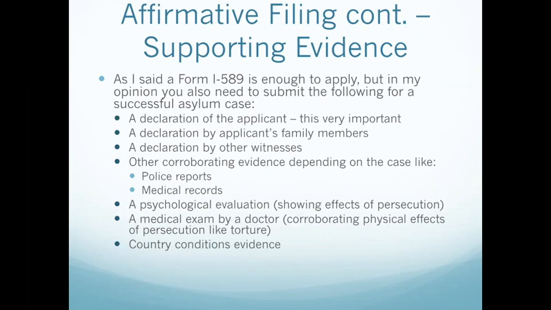We haven't talked about credibility and corroboration and some of those detailed requirements, so I recommend reading up about those when you have a free moment. But in general, we just need to make sure that our client is credible and that they corroborate what they're saying. That being said, a credible declaration by the applicant is enough to get your client asylum.